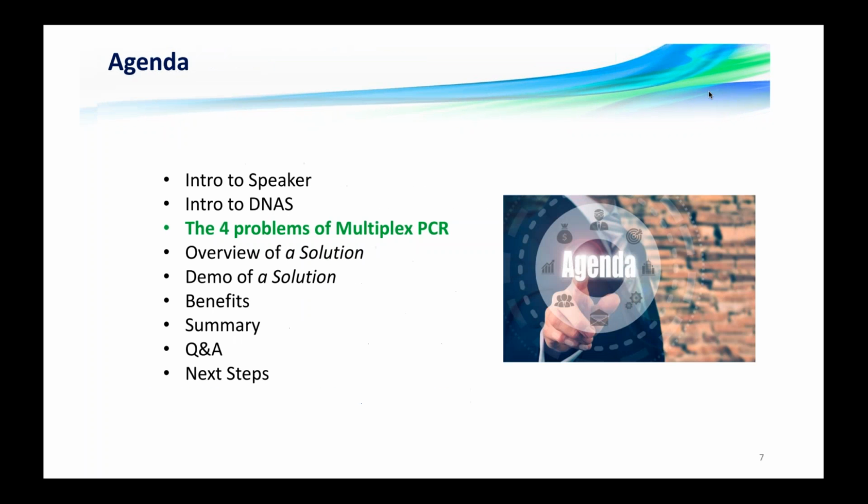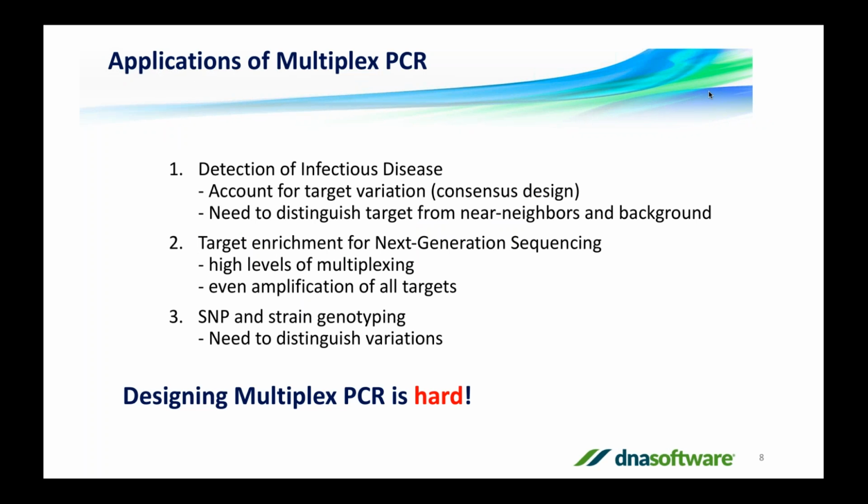All right, so can you tell us what these 4 problems of multiplex PCR are? Sure. So first of all, the applications of multiplex PCR, and then I'll share with you how that dovetails into the problems. So the first application of multiplex PCR is for detection of infectious disease.